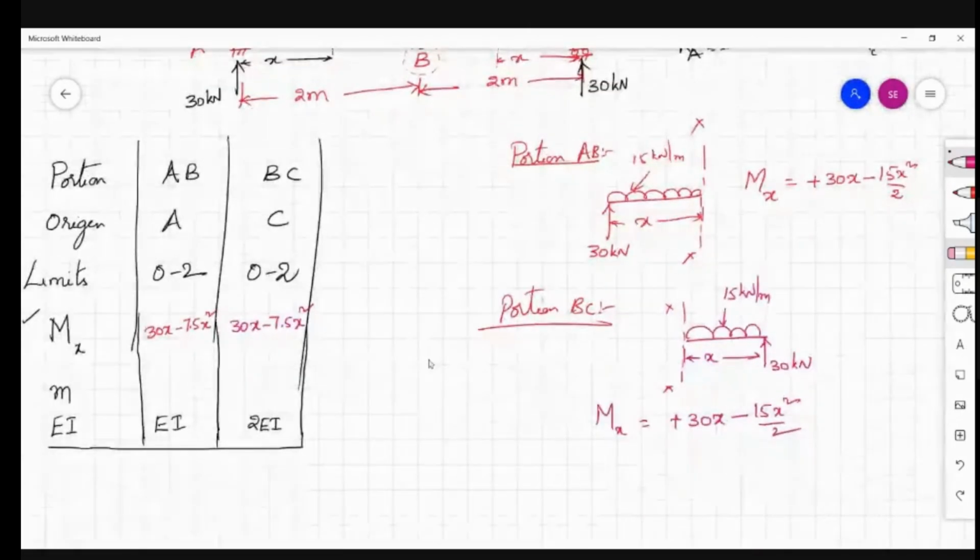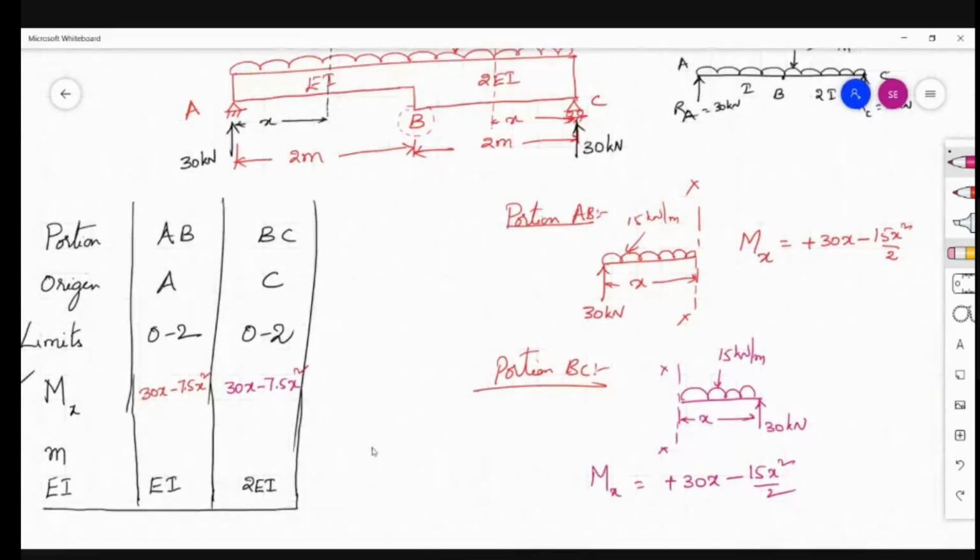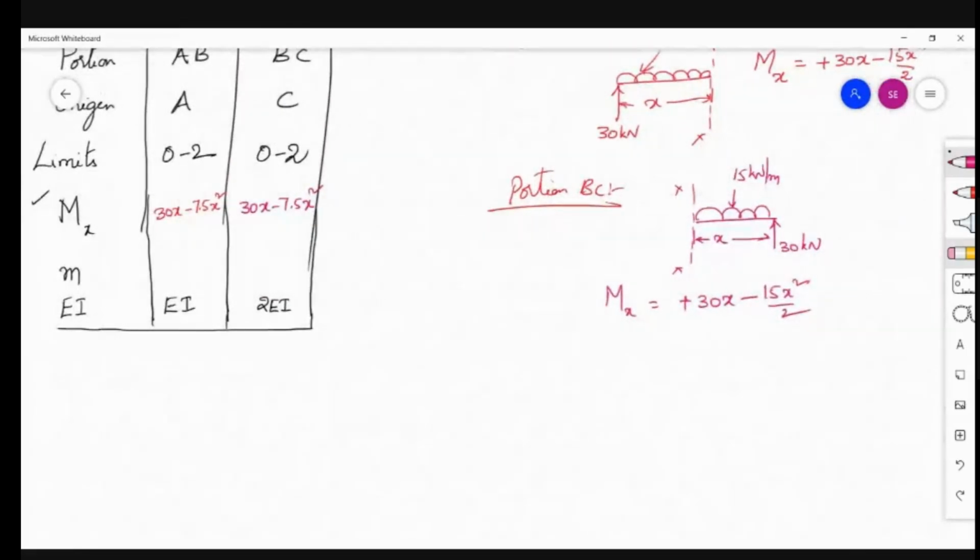Now, to get this small m, replace the entire external load system. This is your beam A, C. Replace your entire system with a unit load, and the unit load is required at B. So apply unit load at B where the deflection is required.